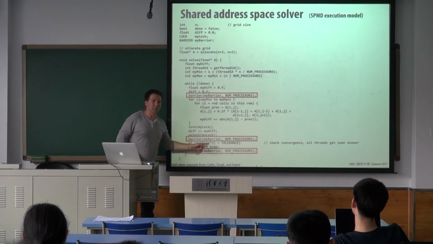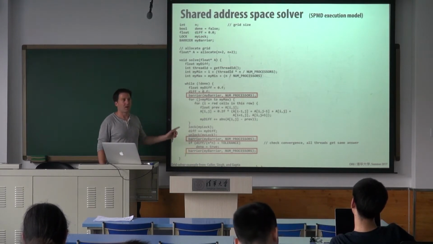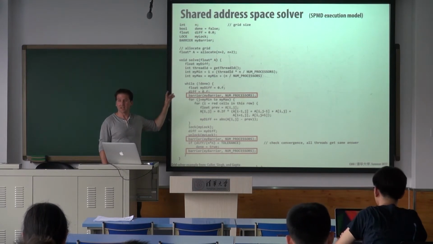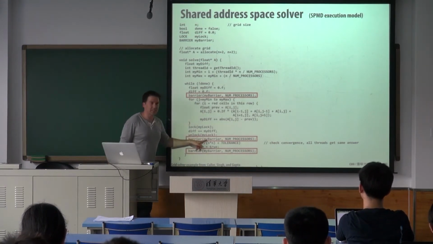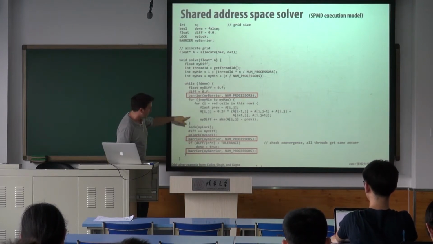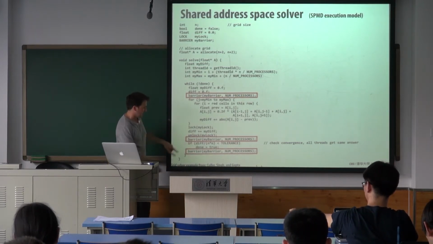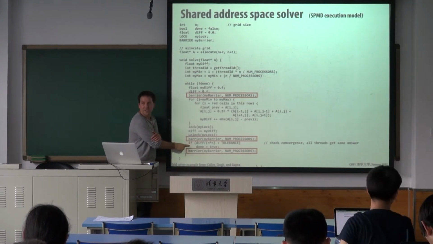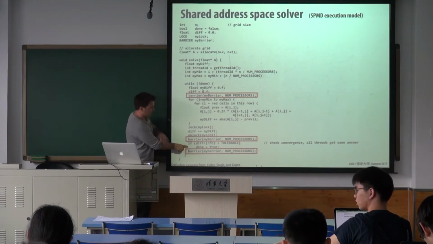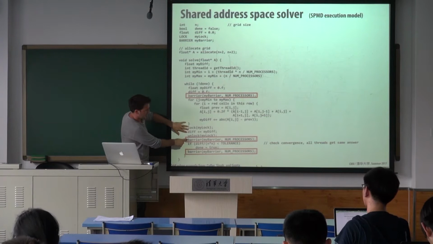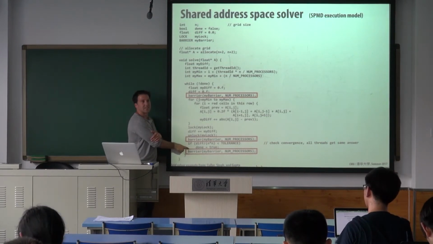And last time we talked about why there were 3 barriers. Does everybody remember this? Okay, so we said that this one makes sense because after the barrier, the program checks to see if it's done. This code adds up all the sums, all the differences. This code checks to see if it's done.